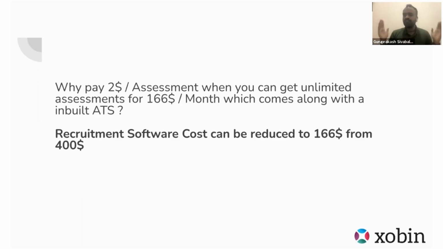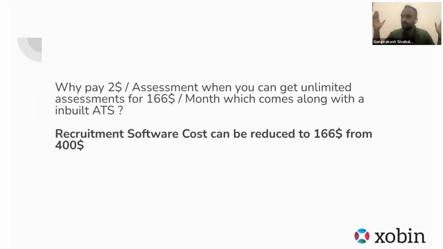Go for platforms that offer you very, very transparent pricing, right? Usually we don't do this, but take Xobin's pricing. We offer unlimited assessments, right, at $166 per month. It's not about unlimited. We don't meter the number of assessments. Okay, so you can use as many assessments as you want, right? To give you the scope to widen the top of your funnel.